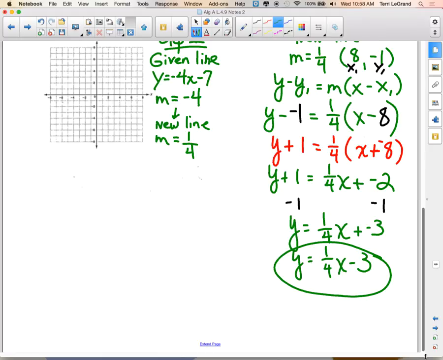When you're finished with it, then you can look and see if you agree with me or if you have to help me fix mine because you're convinced I'm wrong.